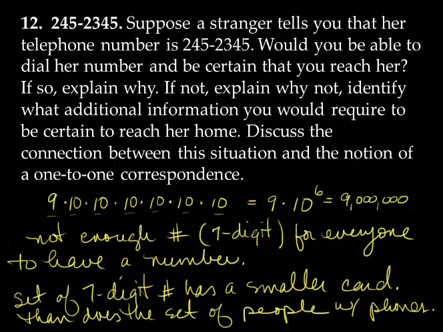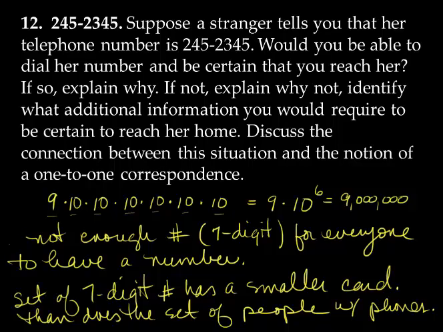So there's just not enough numbers to go around. But if you put another 3 digits on, it would make it 9 billion. And of course, we do not have 9 billion people, and there's plenty of numbers to go around.